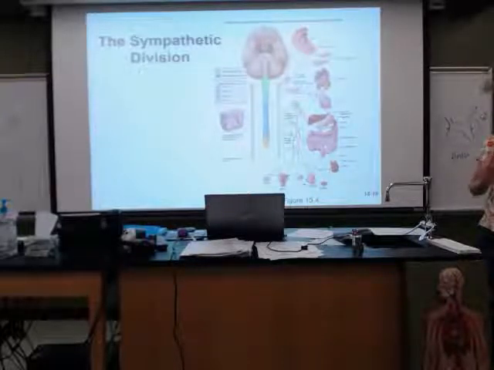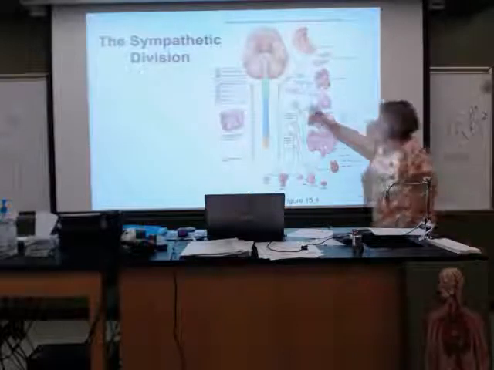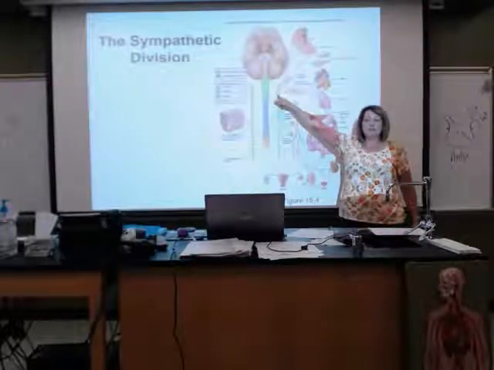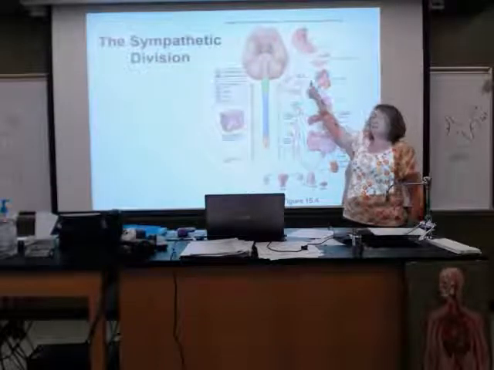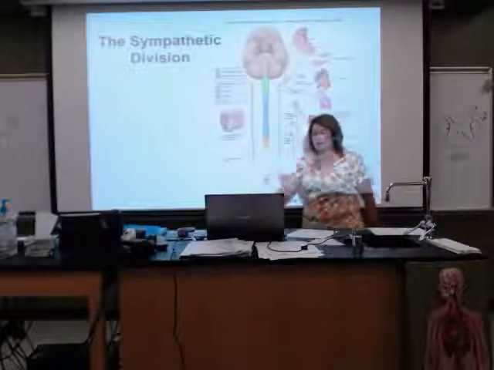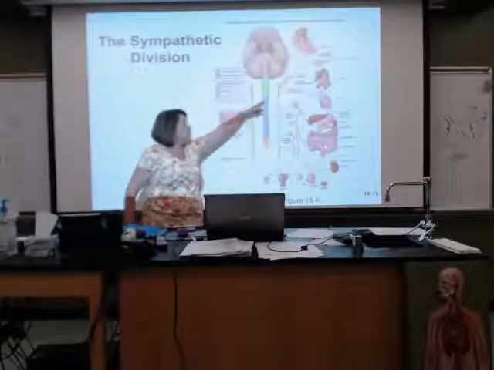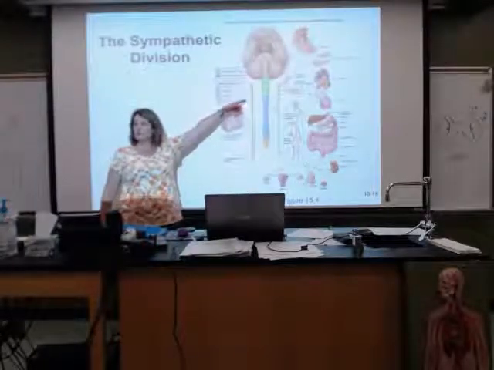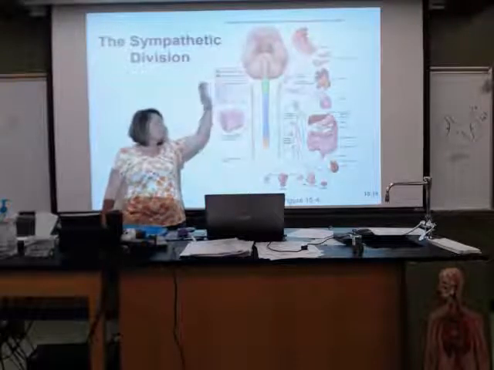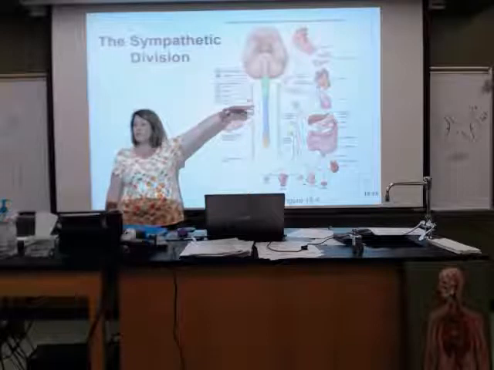And then I don't have any ganglia; they synapsed directly in the chain and went to their target organs. And since it's sympathetic, it's going to increase heart rate, dilate the pupils, increase your respiration rate, and so forth.